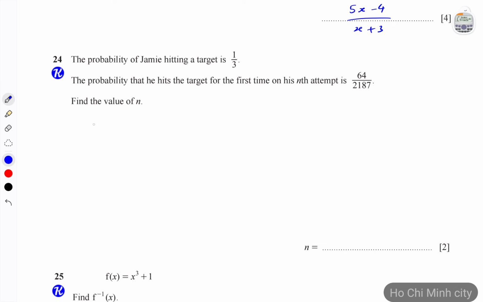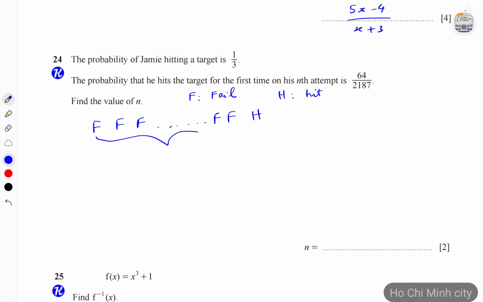F is for fail, right? Fail, fail, fail, and so on, and then fail, fail, and then hit. So we use F for fail, and H is for hit.